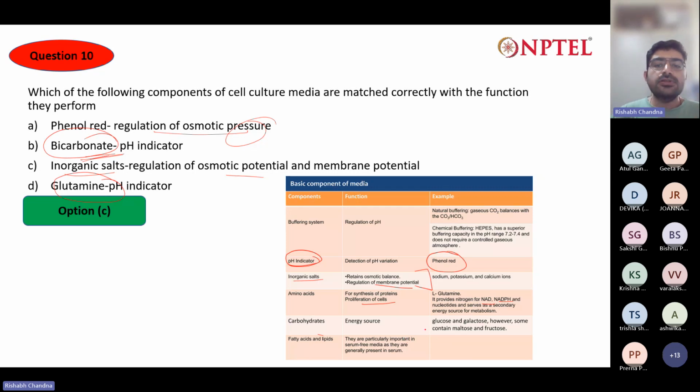And one more thing is antibiotics, that we use so that any contaminant or any other cells that do not belong to that particular cell line are not allowed to grow in that media. Okay. So does anybody have any doubt in this question?